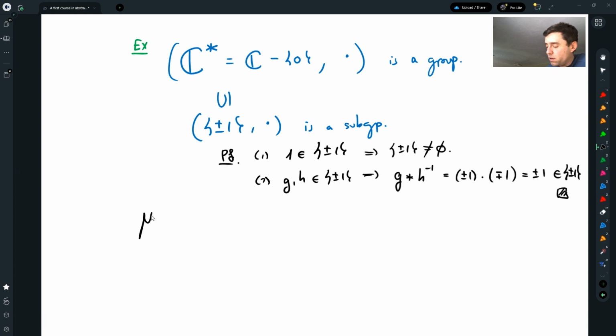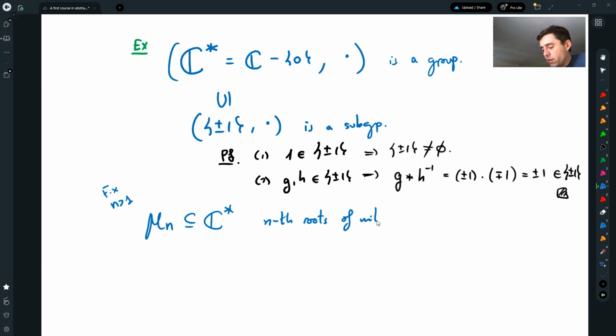Okay. Also, we also have inside the complex numbers, the non-zero complex numbers, for a fixed n, what we call the nth roots of unity. What are the roots of unity? The nth roots of unity are those elements whose nth power gives you 1.